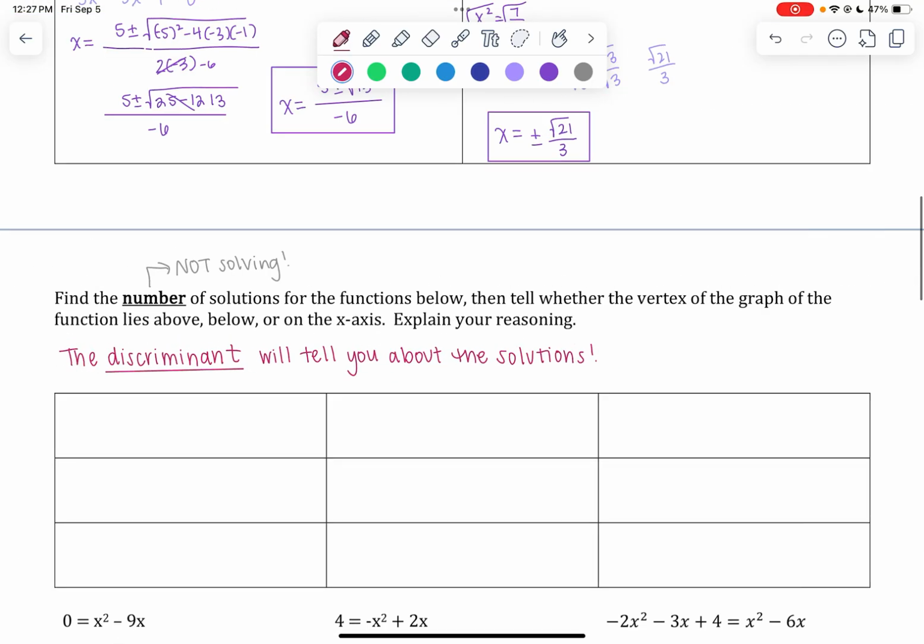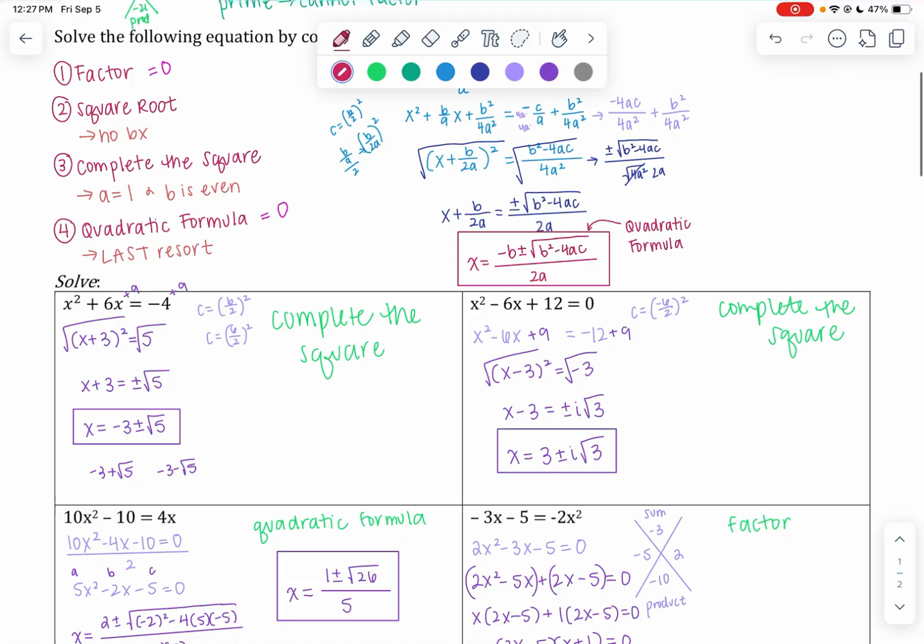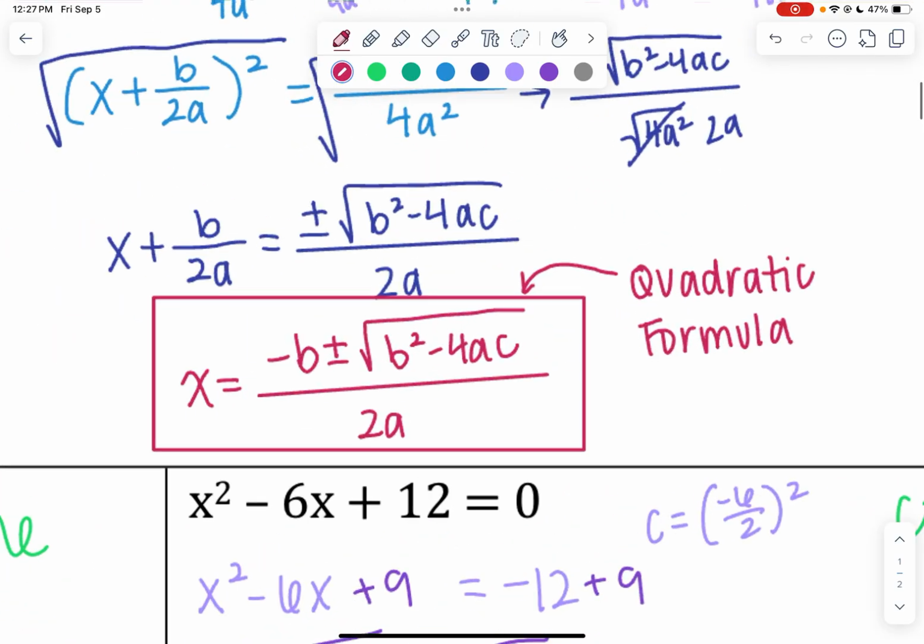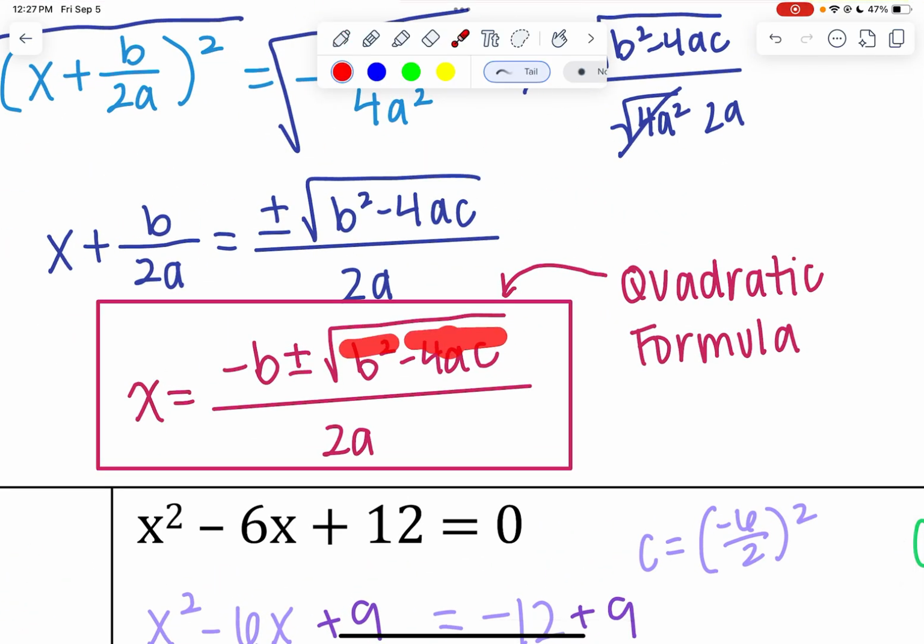Now, the reason that the discriminant will tell you about the solutions without solving is because it goes back up here to our quadratic formula, and it goes to this part right here.